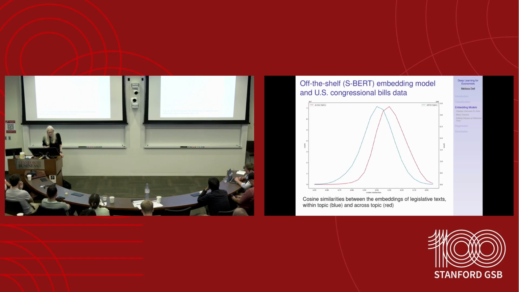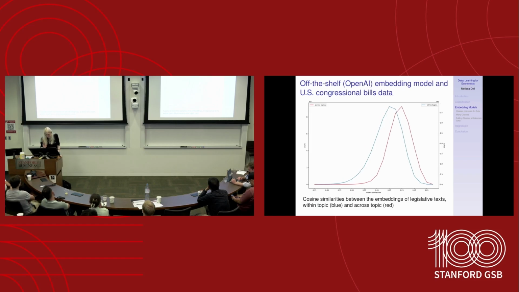And so you can see in blue that embeddings in the same topic are more similar than embeddings across topic, but there's a lot of overlap in that distribution. So you're going to have a hard time taking these embeddings, clustering them, and pulling out coherent topics because there's just too much overlap. And that's because these embeddings also think about the syntax and everything else that's in the text and not just the topic.